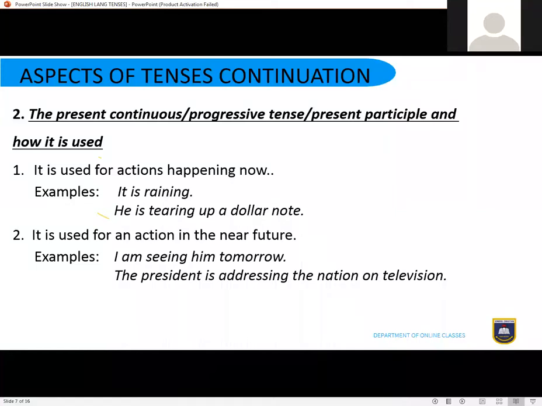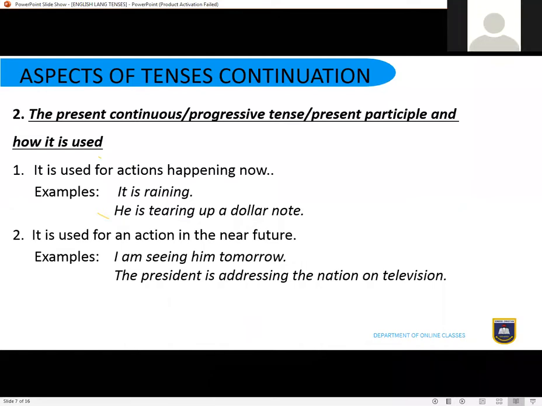Okay. Now, playing in the field means that the person is right there performing the action. Can you hear me? Good.